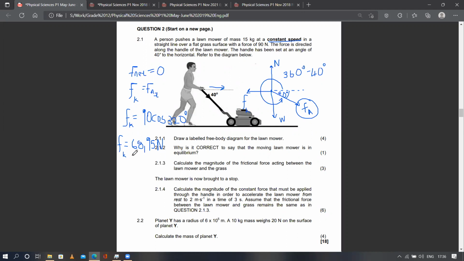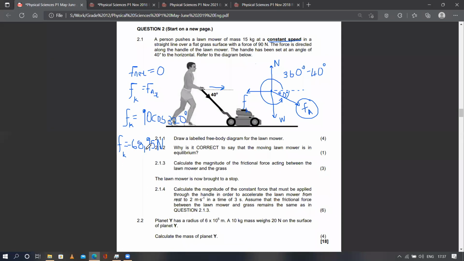And we know that our kinetic friction is negative. So if you already set out a plane where right is positive, left is negative, up is positive, and down is negative, you can just write negative here.